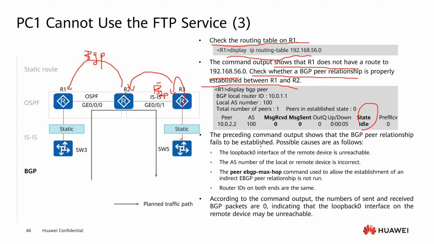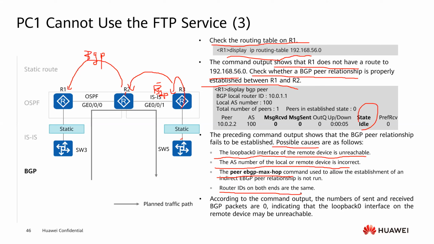Then we must check why R1 and R2 can't establish a BGP neighbor relationship. The reasons may be: the loopback interface of the remote device is unreachable, the AS number of the local or remote device is incorrect, when EBGP the peer ebgp-max-hop command must be used, or the router IDs on both ends are the same.